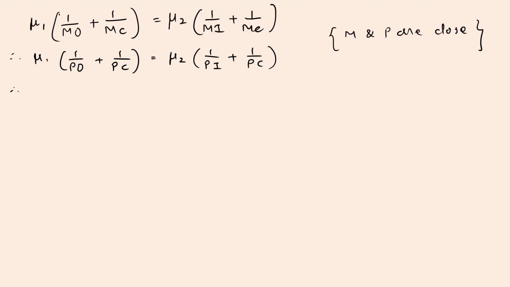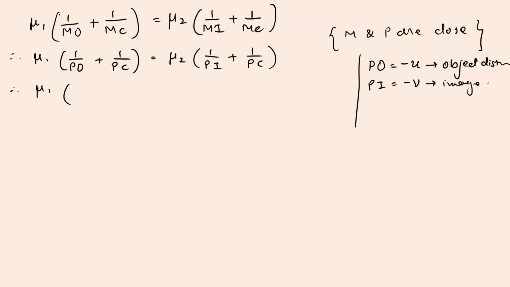So that is why we had to replace M by P. So let us substitute, and I know that PO is on the left hand side, minus u, object distance, and virtual image distance on the left hand side, and PC is positive R. It is the radius of curvature.